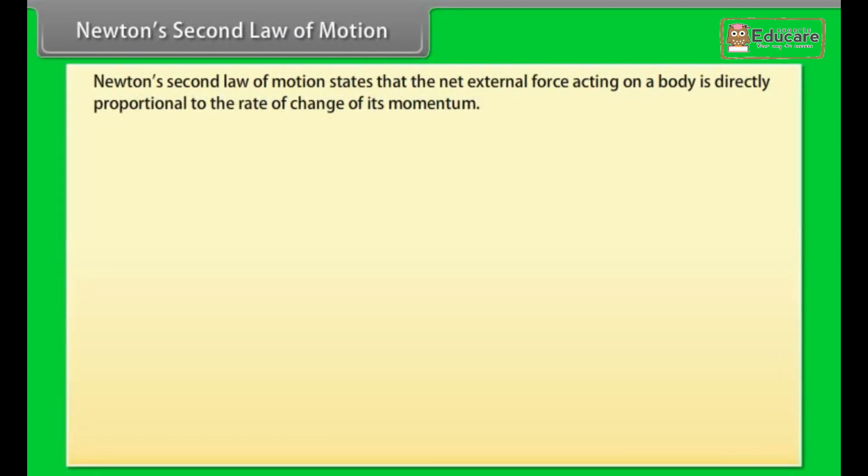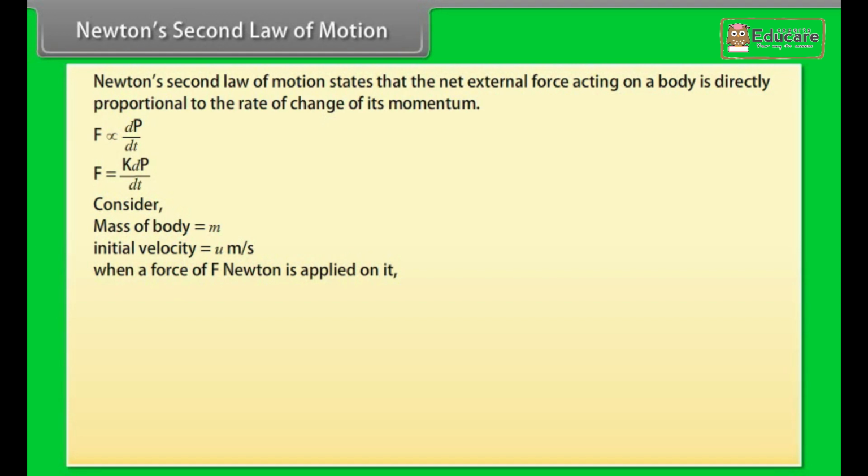Newton's second law of motion states that the net external force acting on a body is directly proportional to the rate of change of its momentum. Its equation is given as: consider a body of mass m initially moving with a velocity of u meter per second. When a force of F Newton is applied on it, its velocity becomes v meter per second after a time of t seconds.